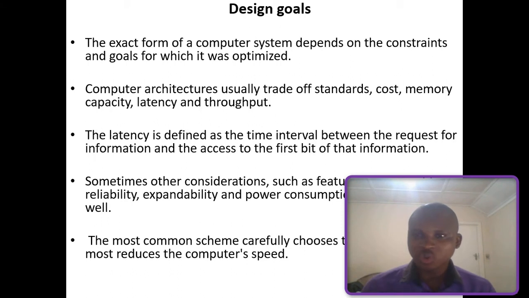If it is cost, memory capacity, latency, or throughput, what are your goals, guys, when you're optimizing your design or your computer here in computer architecture? Computer architecture usually trades off standards, cost, memory capacity.